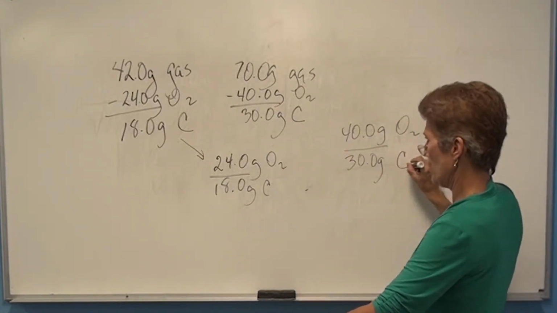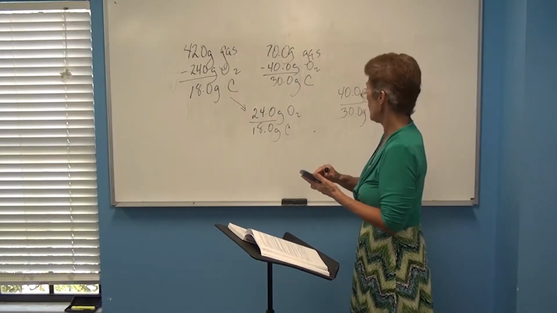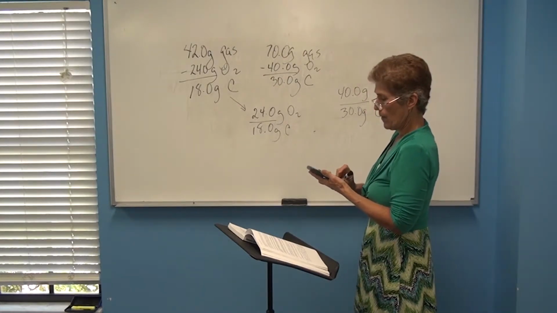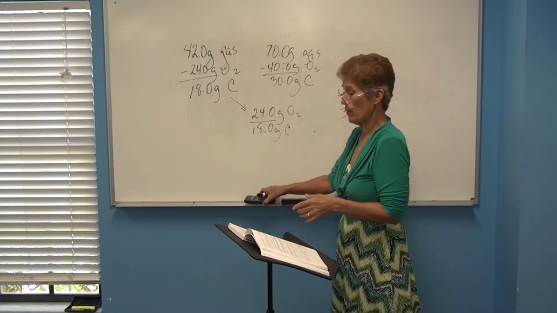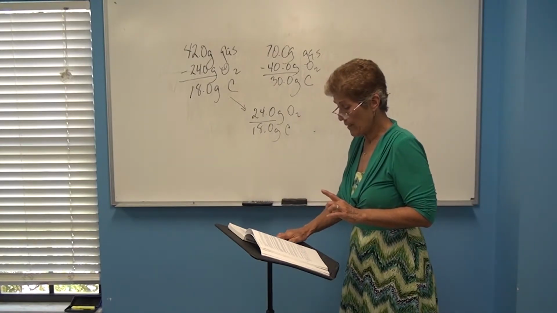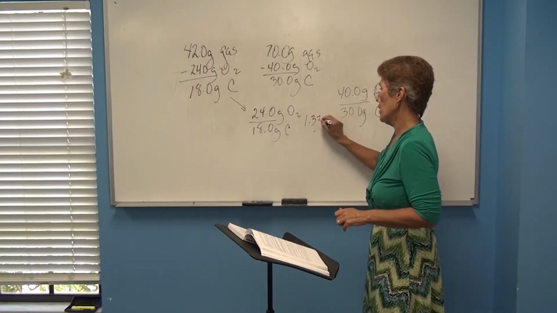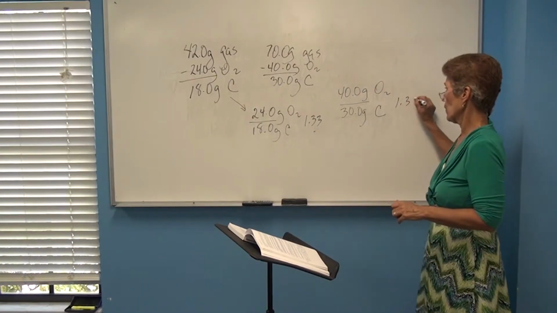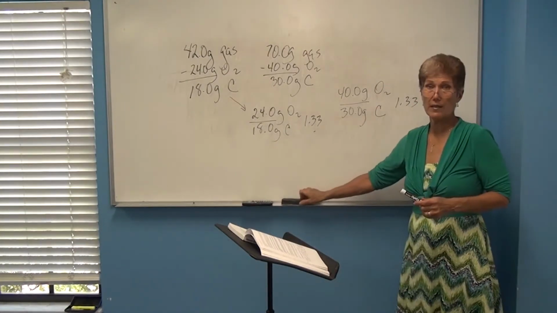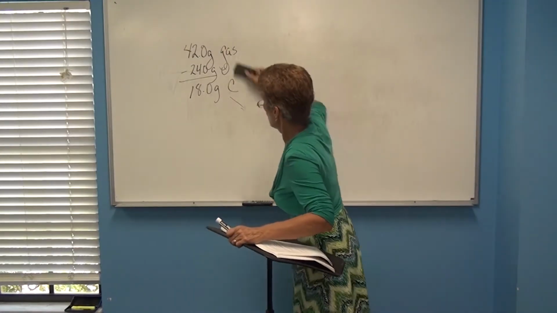So you go 24 divided by 18, that gives you 1.33. And 40 divided by 30 also gives you 1.33. So the question was, are the two gases the same? The answer is yes, because they both give you this same ratio. And so they have the same ratio of oxygen to carbon, and therefore they are the same gas, just in differing amounts.